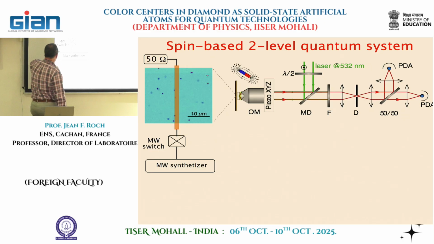For the microwave drive, there are a lot of possibilities. One very simple one is to put a copper wire on top of your sample, and you drive the microwave signal through this wire. The microwave field will have an orientation that can induce the precession of the NV spin and produce a magnetic resonance.